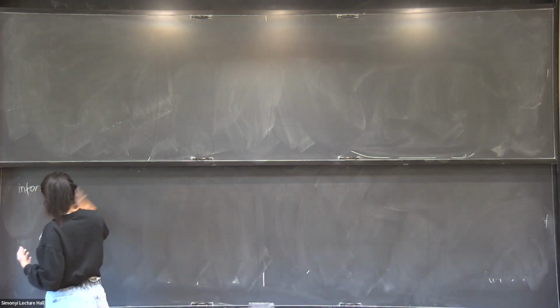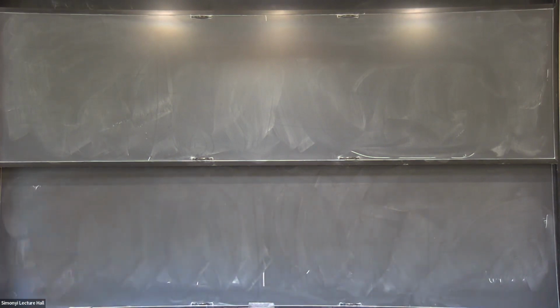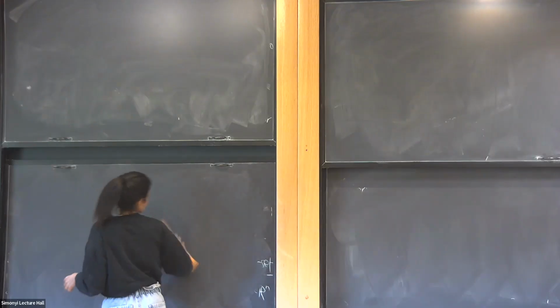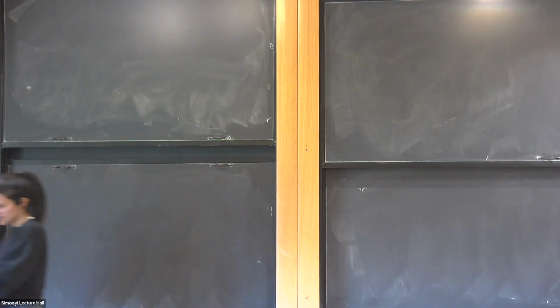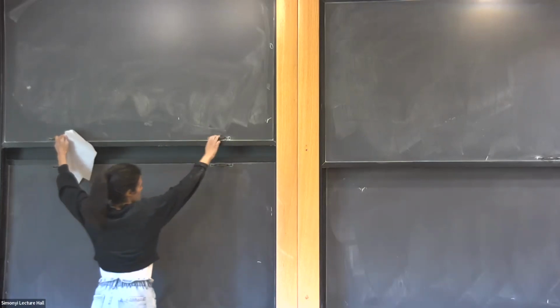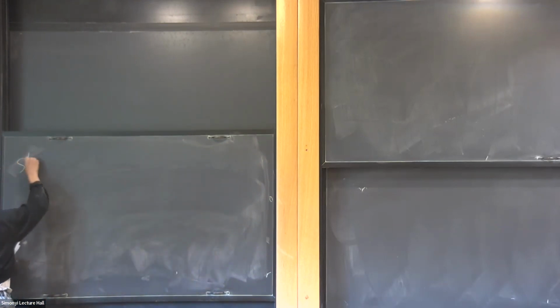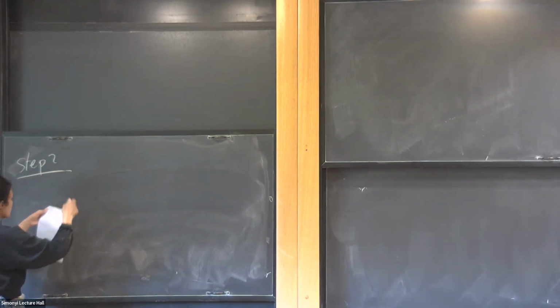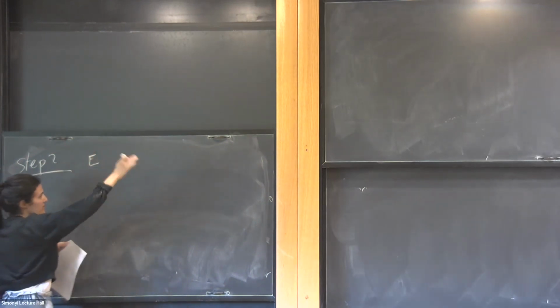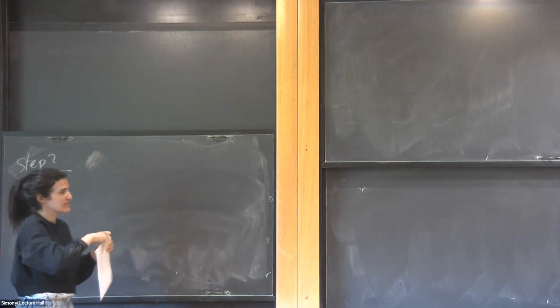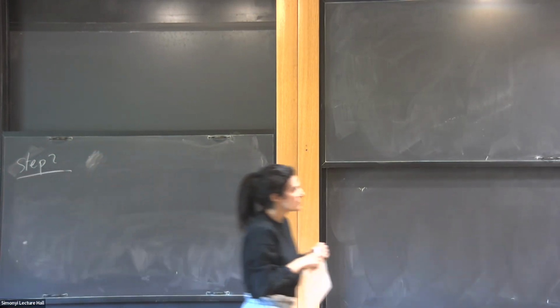So this was step one. So step two. Now we really start the proof. Step two, it's the actual proof. So we're given a set E, it has dimension alpha, right?